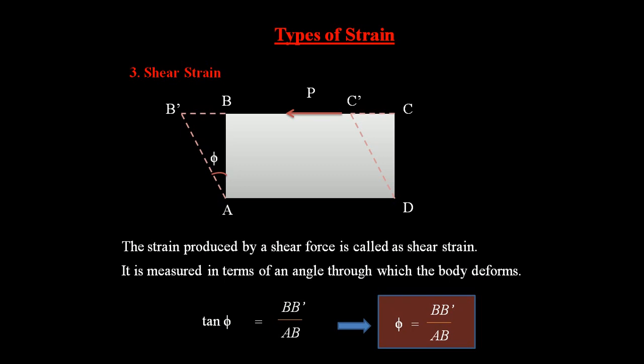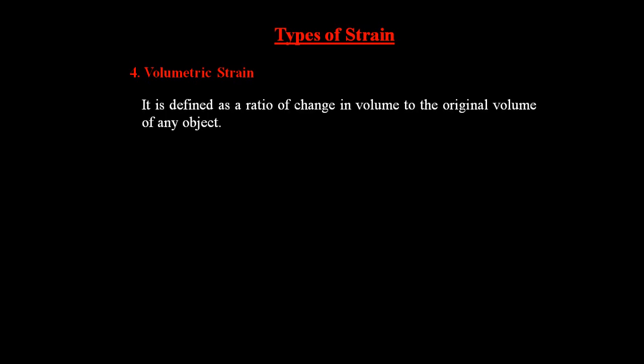So these are the types of shear strain, and the last one under types of strains is volumetric strain. It can be simply defined as the ratio between change in volume to the original volume. It is defined as the ratio of change in volume to original volume of any object or body that is going to undergo deformation.